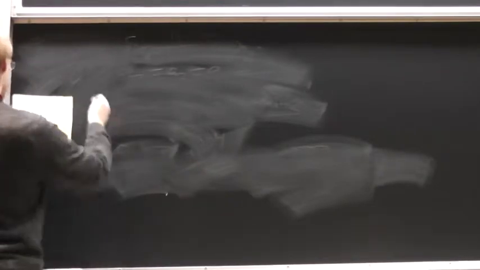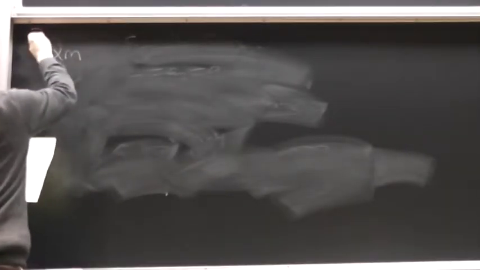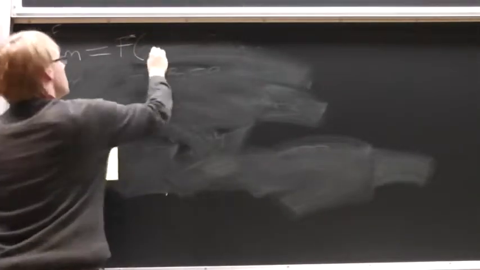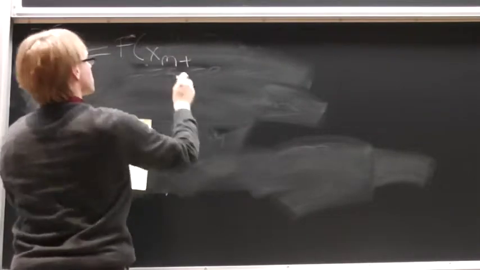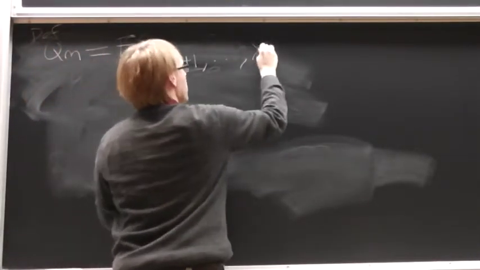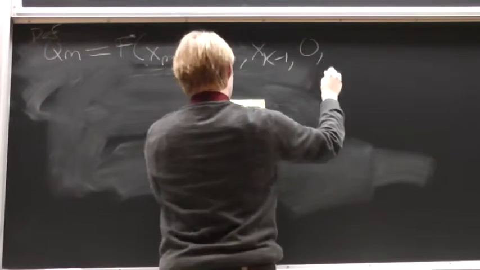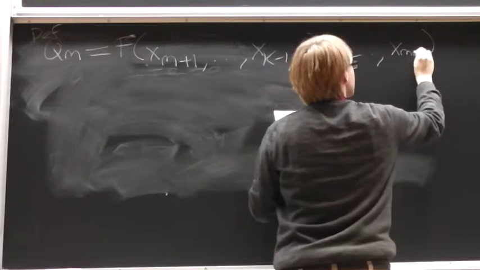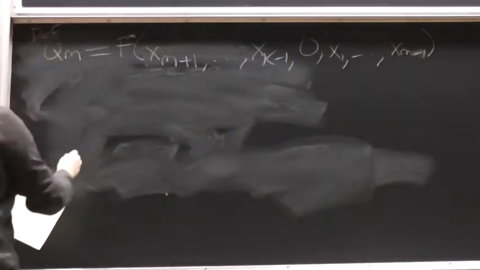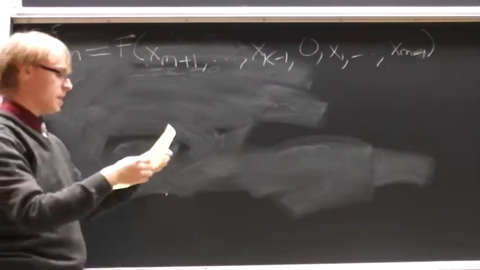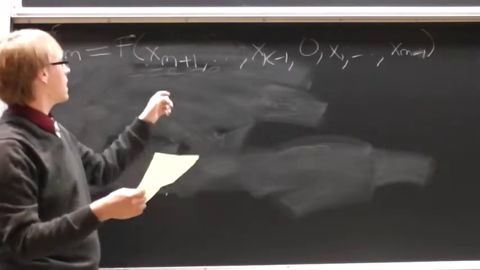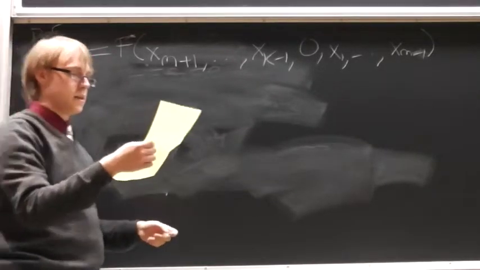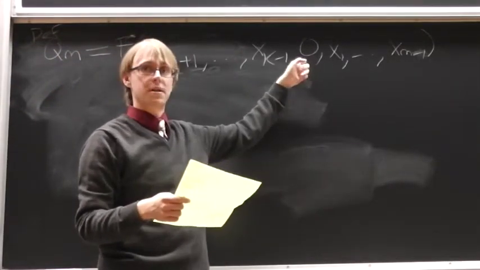So define q sub m as f of x sub m plus 1 to x sub k minus 1, 0, x1 to x sub m minus 1. Basically we're replacing x sub i with x sub m plus i, taking that mod k, and then x sub k minus m gets replaced by 0.